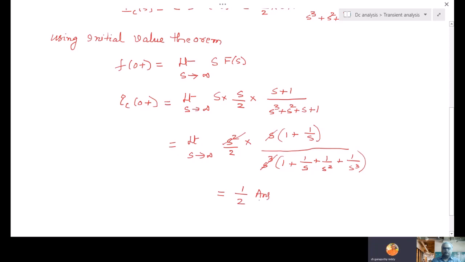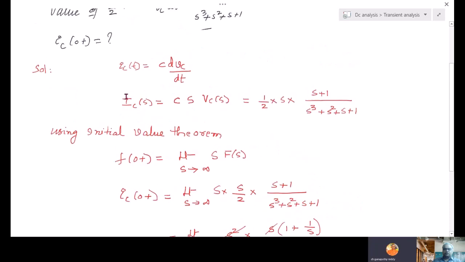So if you use initial value theorem, you will get the answer easily. Otherwise, inverse of this, then replace t with 0. But finding inverse is time consuming. S power 3, you have to factorize. So it takes a lot of time.